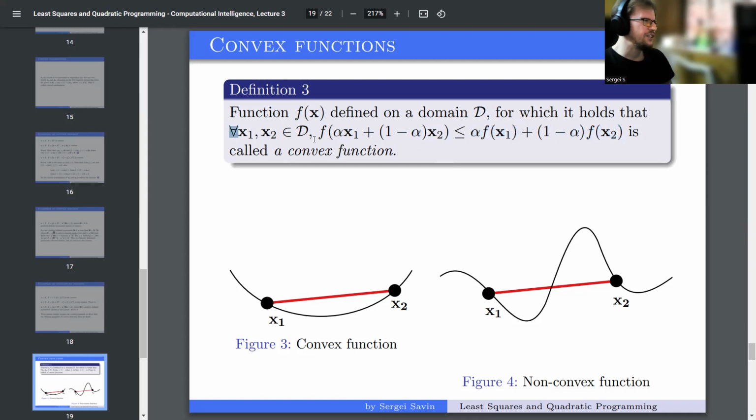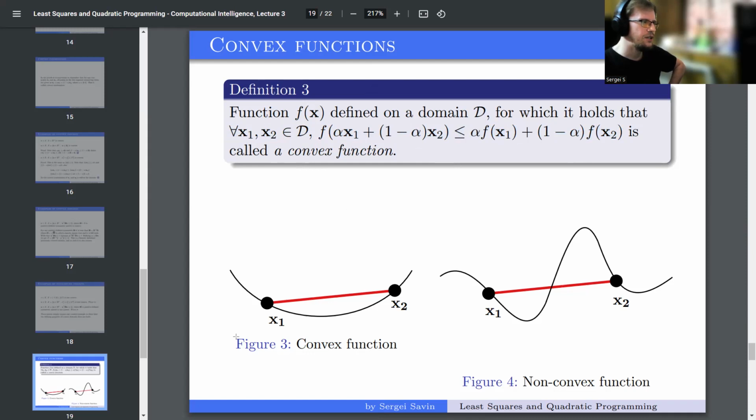I think this almost always makes you like, what? It looks very ugly. This expression just takes the whole line, very big. But let's see what it means. Geometrically, it is actually very simple.